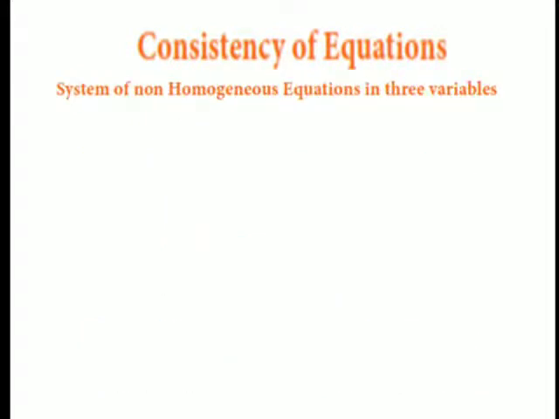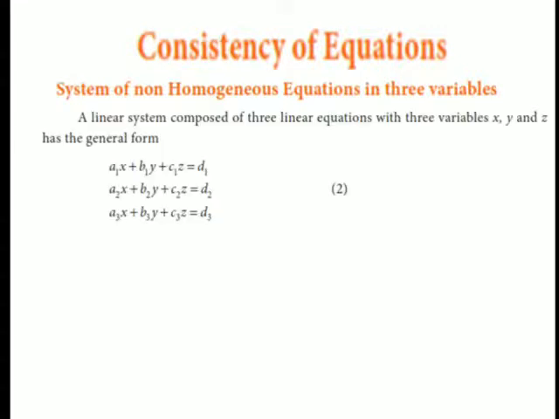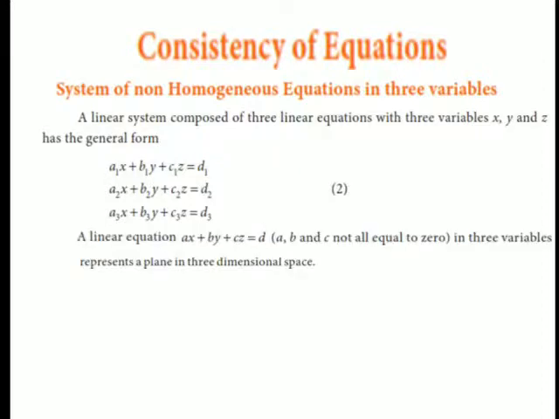The system of non-homogeneous equations in three variables. A linear system composed of three linear equations with three variables x, y and z has the general form ax + by + cz = d, where a, b and c are not all equal to 0.